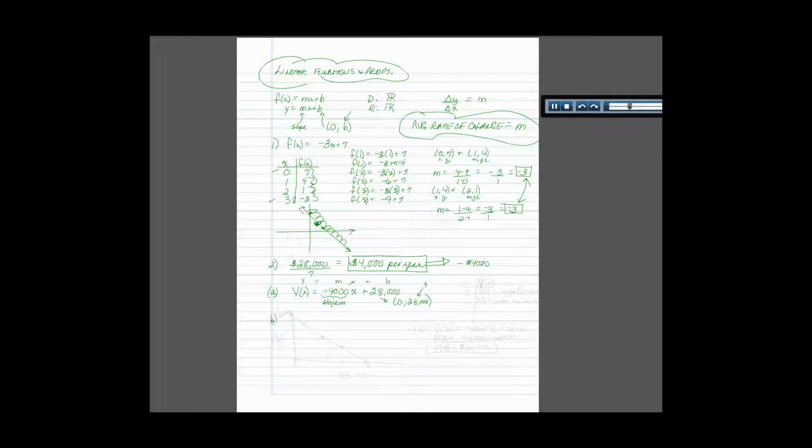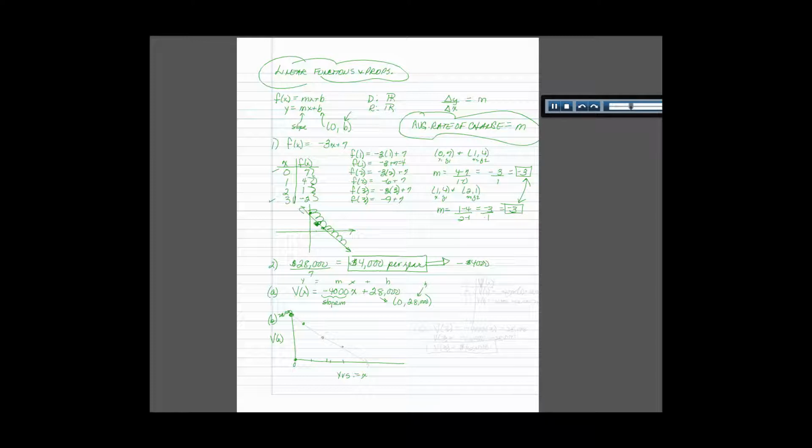All right, let's look at b. It says graph the function. Mine isn't going to be very accurate, but we're going to do this. It starts at a value of 28,000 at year 0. That's one car. All right, so we've got our years here and our value there, v of x. At 1 year, it drops by 4,000. At 2 years, it drops another 4,000 right there.